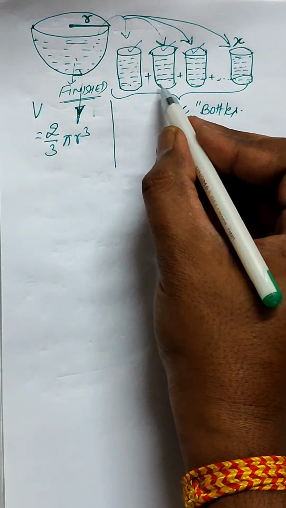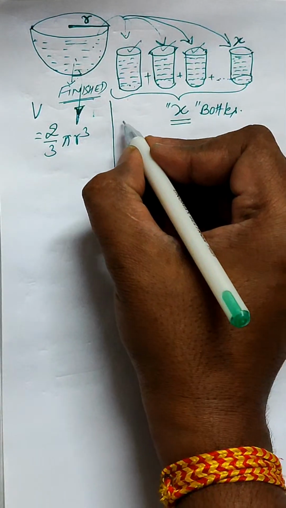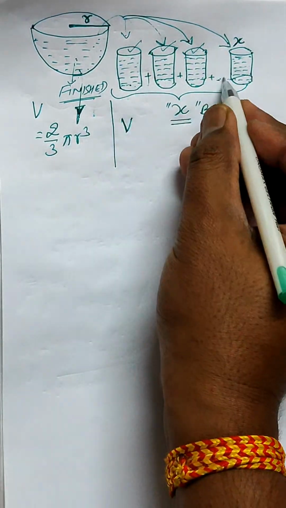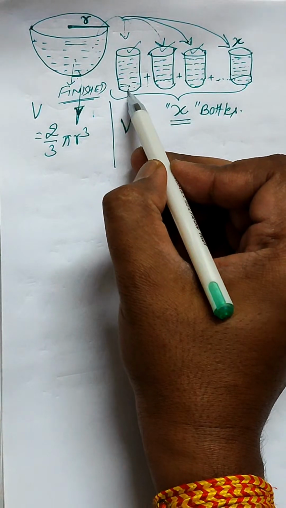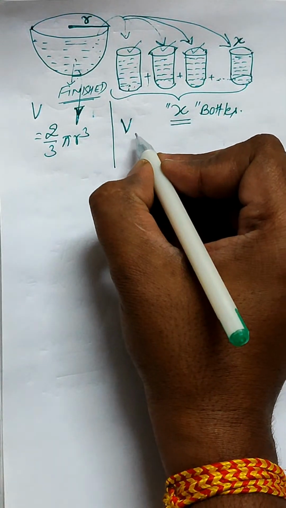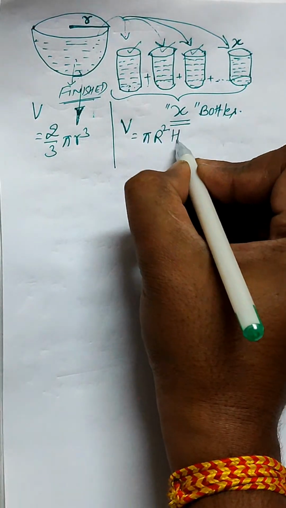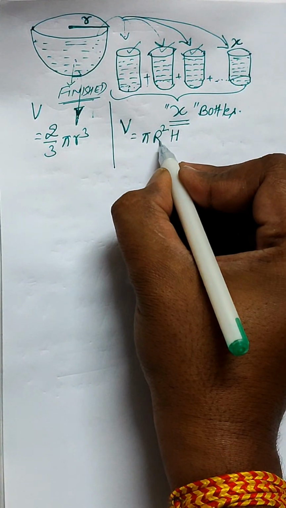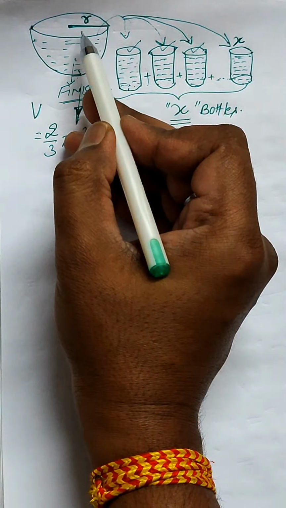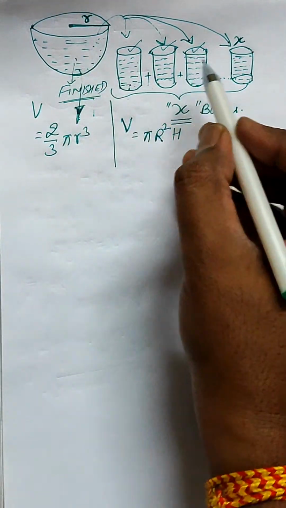So there are such x bottles, we have assumed. The cylindrical bottle is in the shape of a cylinder, so it has a volume of pi R square h. I am using capital R over here because a small r is used for the hemispherical bowl.